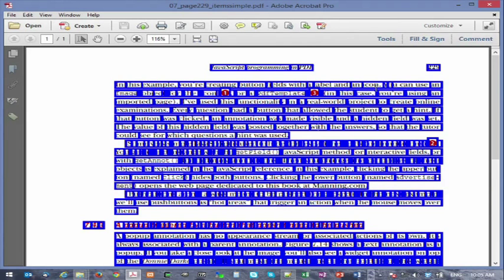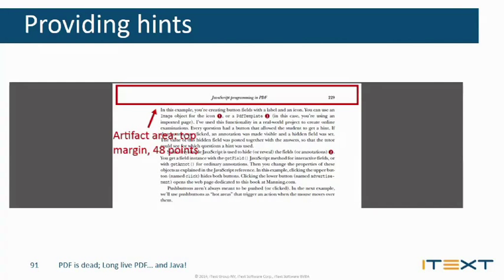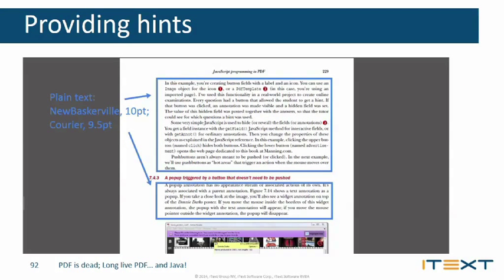So we'll have to add some, let's say, human input to be able to get structured information out of this. So let's say that we configure this extraction to say the top margin of 48 points is reserved for artifacts like title information and page numbering, which is not actually part of the content. We could identify regular text by font.